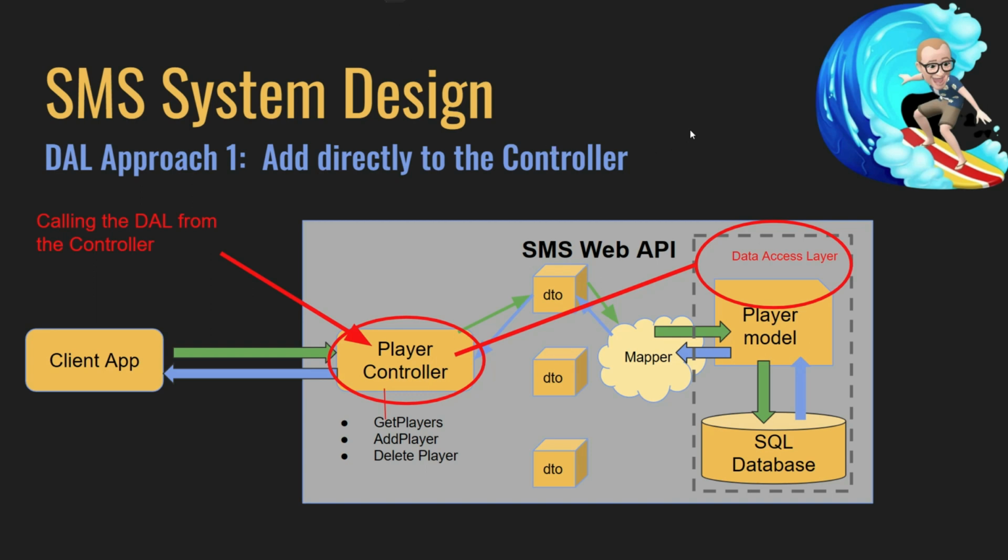Now this approach is fine and it does work, and depending on what your API does, is perfectly acceptable. If you've got an API that is purely a CRUD API, it is literally returning data and posting data, deleting data and updating data from your database, this approach will work fine.